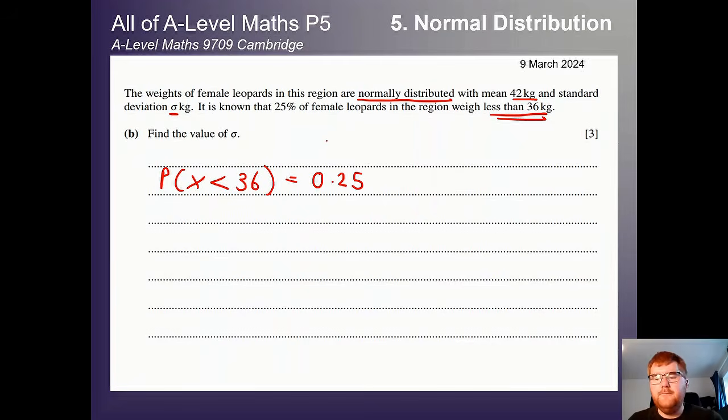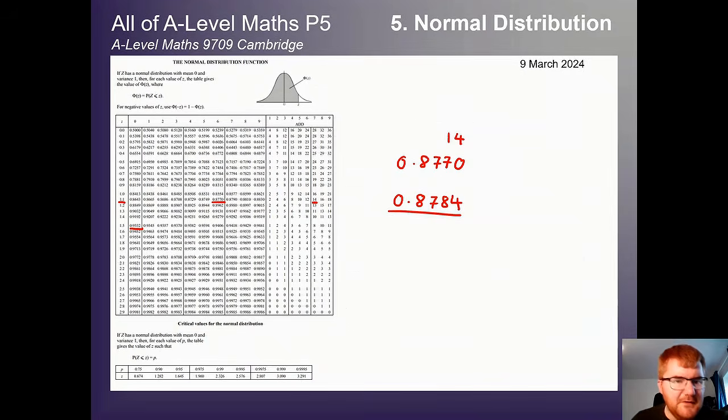This is where the critical values at the bottom, which we haven't really talked about, come very important. So we're told here that at this particular probability, so if we take small p equal to say 0.75, then the z value has to be 0.674.